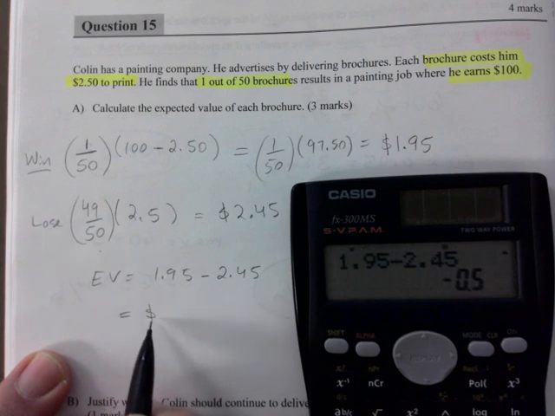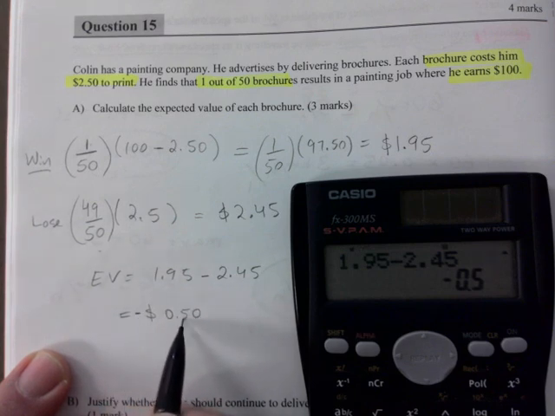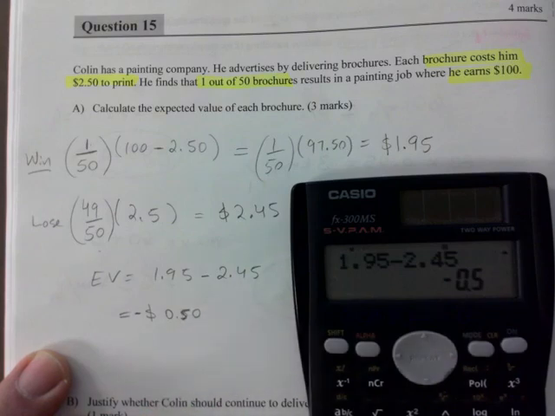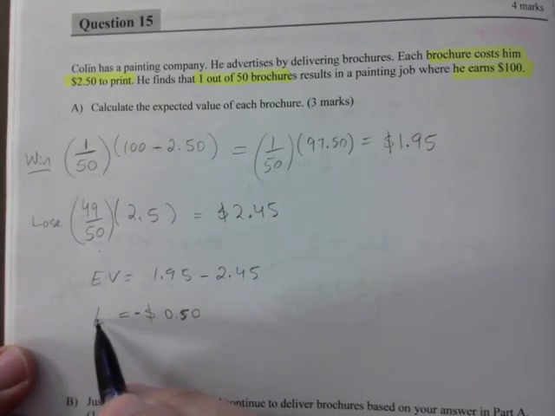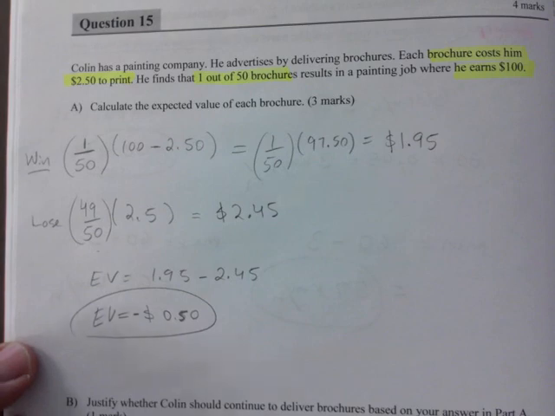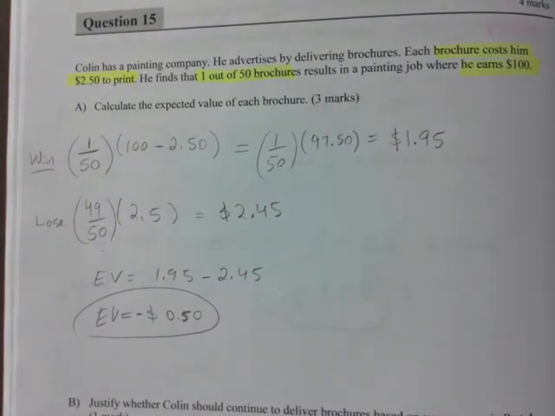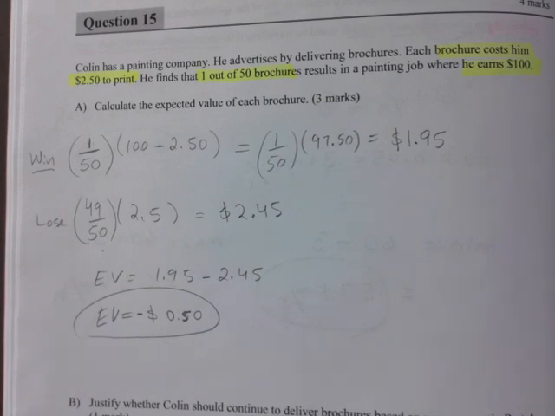That's dollars, negative 50 cents. Expected value. You would get 3 marks if you somehow show that you're coming up with that final correct answer. And this is not using that other formula, right?